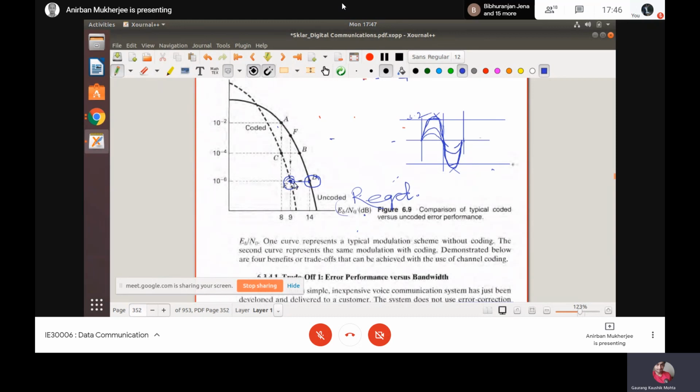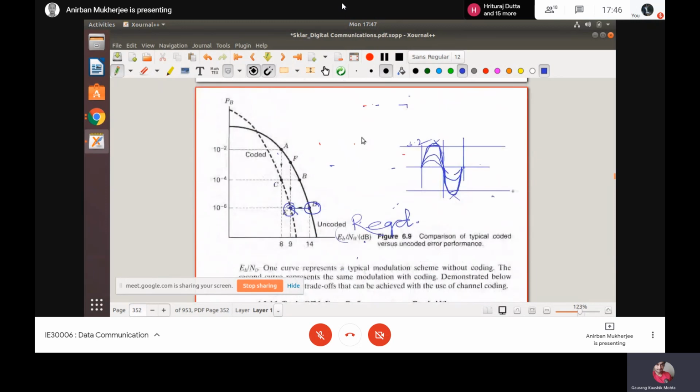Okay. Now, when you do this, that means you are using channel coding. Channel coding means you are again using more bandwidth. Now, for real-time communication, you have to pack bits within that time frame. I was explaining that within this time frame, for real-time communication, you have to pack the extra number of bits.